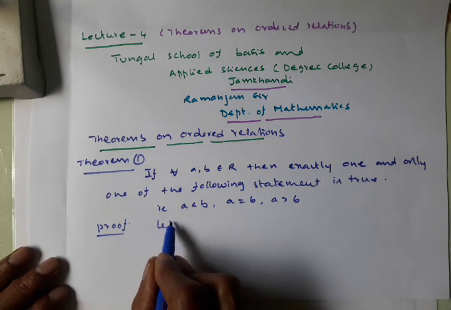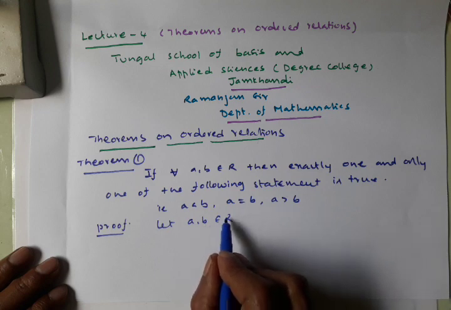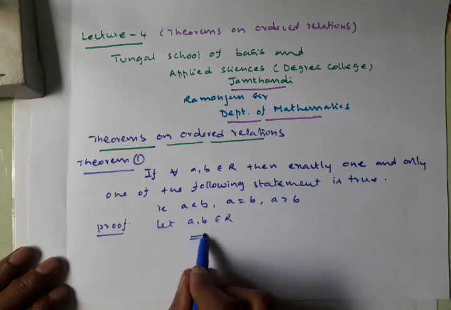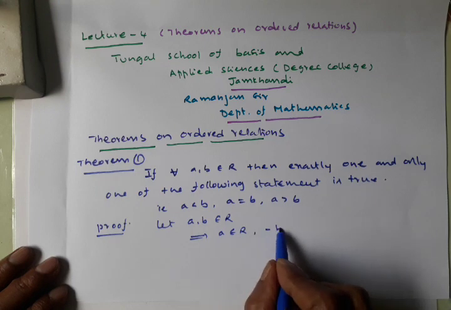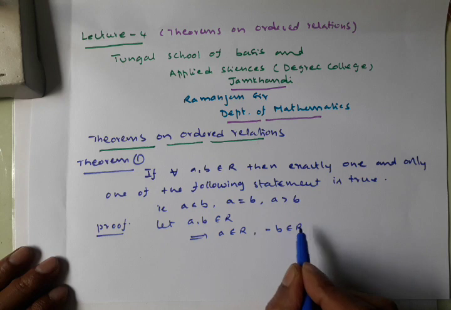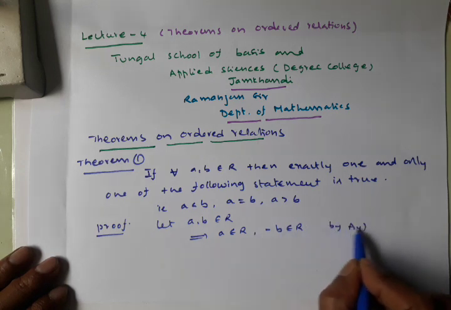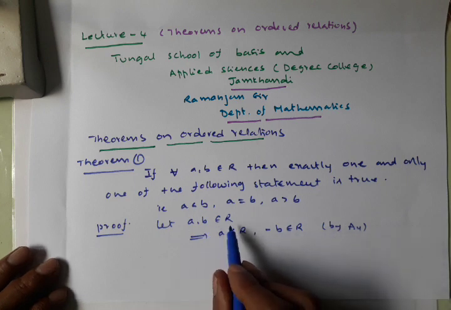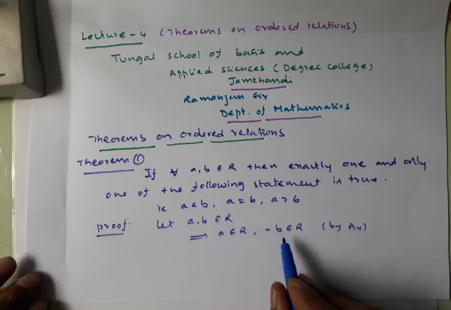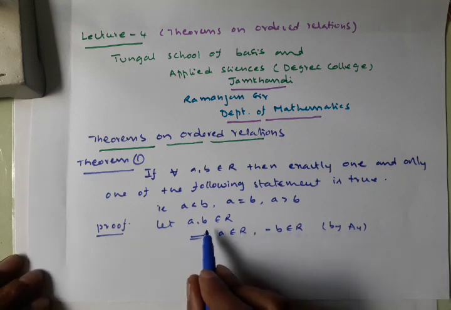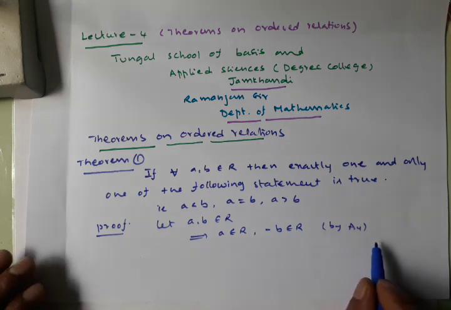Let A, B belong to R. This implies A belongs to R, and minus B belongs to R by A4, because whenever an element belongs to the real numbers, its additive inverse also belongs to R. So B's additive inverse is minus B, which also belongs to R by A4.